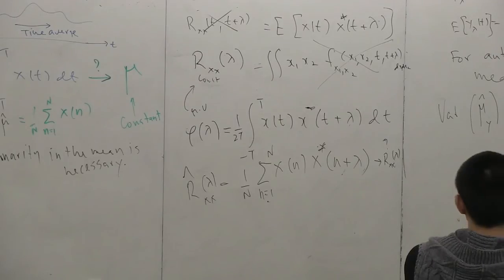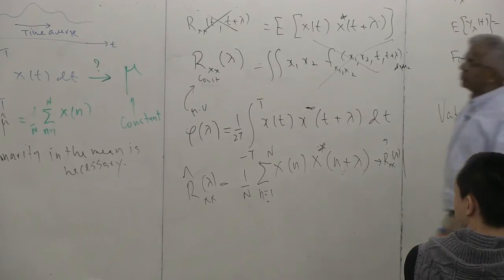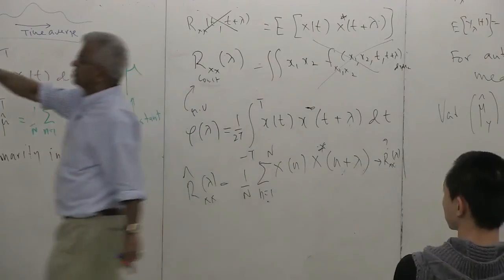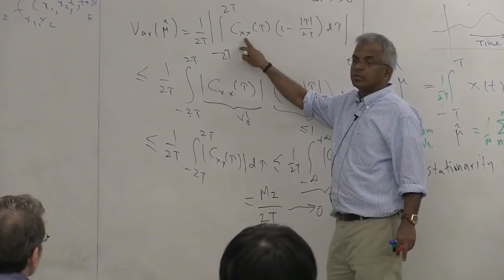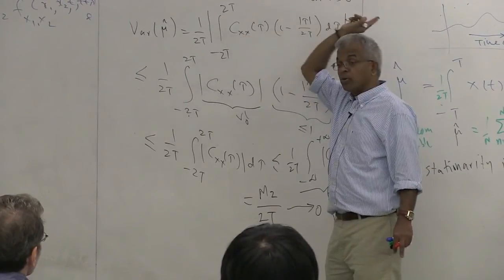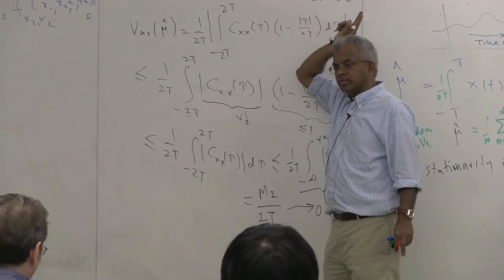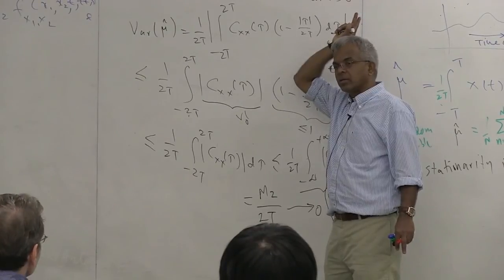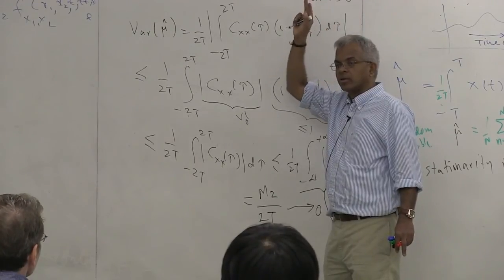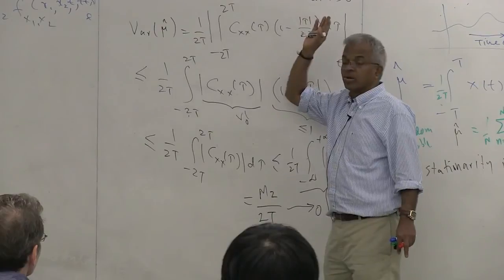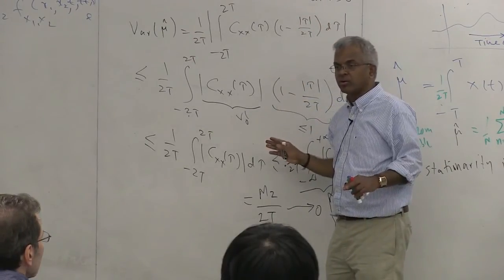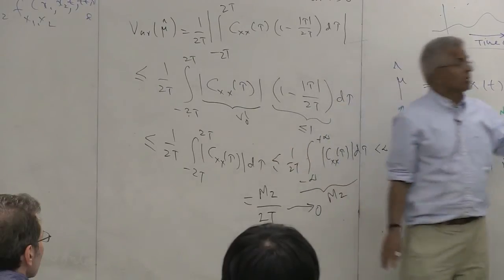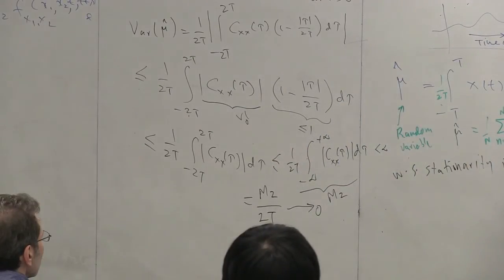Mean ergodicity needs an expression like this. Do I have it here? Look here. Same expression, right? Except I replace Cxx with what? We want autocorrelation ergodicity for x. That's the same as, I mean, autocorrelation ergodicity for x of t is the same as mean ergodicity for y of t, this artificially created function.